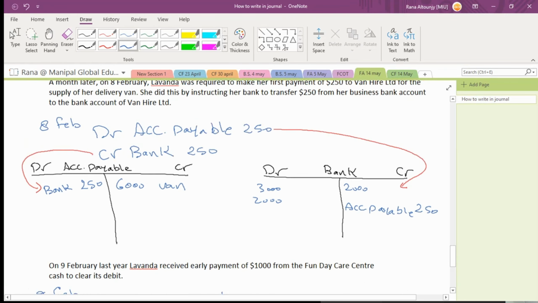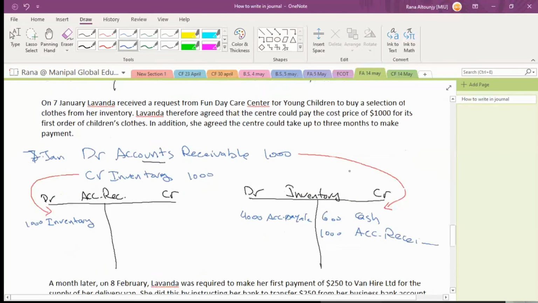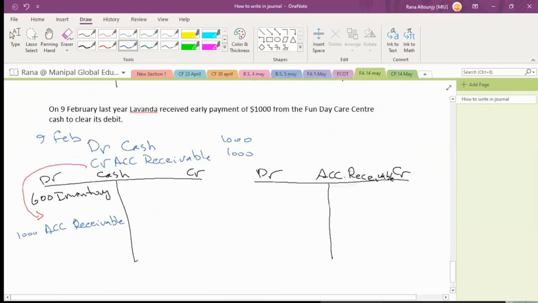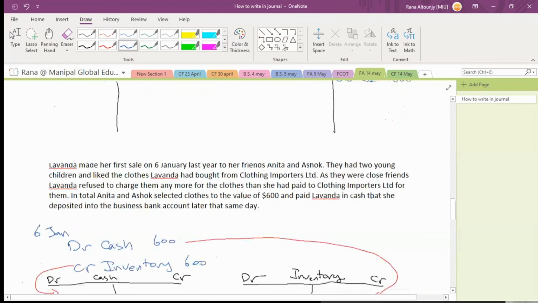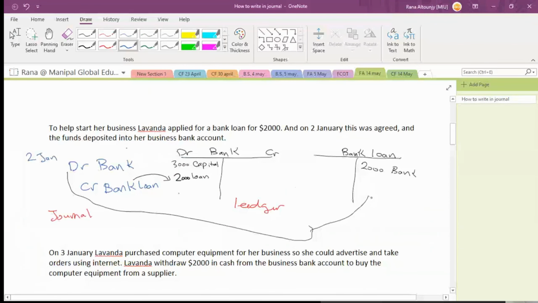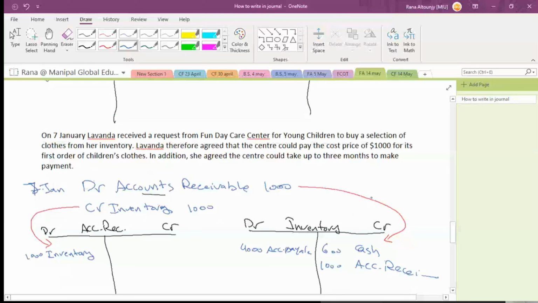The account receivable, if you remember earlier, we have the 1,000. This one earlier. So how do we transfer this transaction? Our account receivable is then the credit side. So we transfer the other side of the transaction to the credit side of the account receivable. And we put cash 1,000. Okay? So like this, we have here the transaction, how we put it in the journal and how we put it in the ledger.